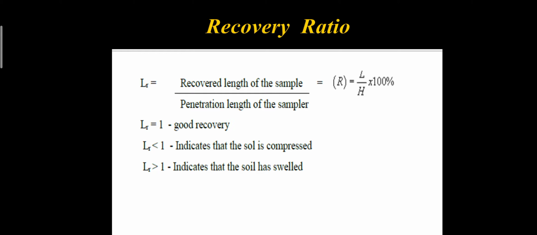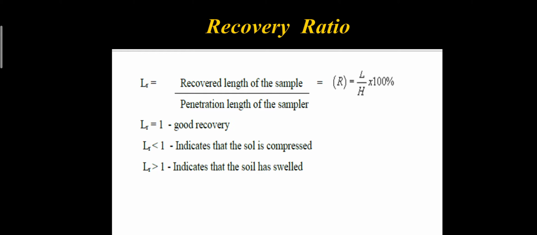If it is 100%, that is 1, 100% means LR is equal to 1. Recovery ratio is 1 or 100%, it is a good recovery. For the entire length you have collected over the length of the sample, so that is a good recovery. If it is less than 1, we can understand the soil is very compressed, or we can understand the soil is very stiff.